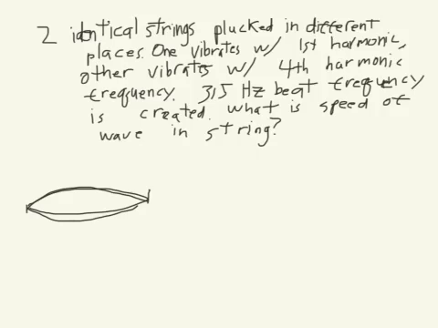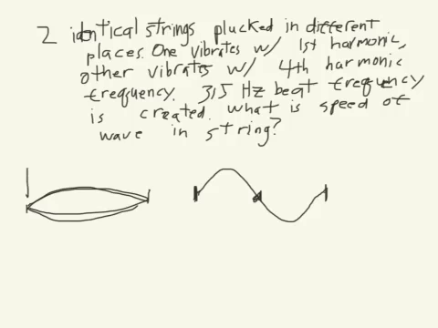Now the fourth harmonic is going to have three more nodes. So I gotta go up each harmonic to figure this out. So this would be the second harmonic. We know that the nodes must be at the ends where the string is fixed. And in this case, here's a node in the middle where the string doesn't move.